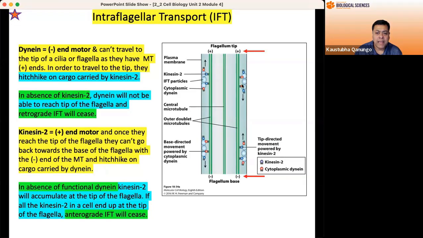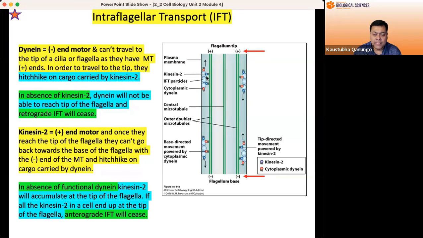They cannot come back because we don't have the dynein. So anterograde IFT will cease. For the anterograde movement, you need the kinesin to be brought back from here, by hitchhiking. So if you do not have the dynein, anterograde movement will cease.